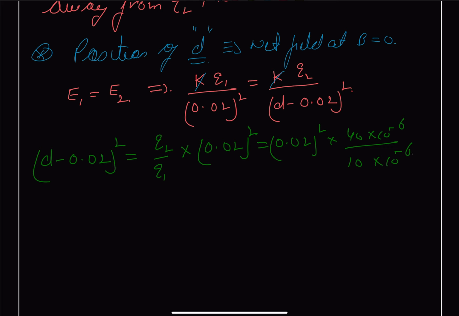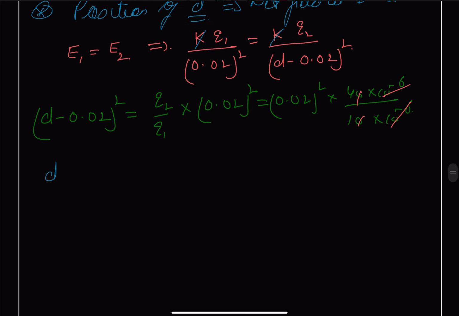The 10 to the power minus 6 cancel, and we are left with d minus 0.02 whole square equal to 4 into 0.02 whole square, and we can just remove the squares.